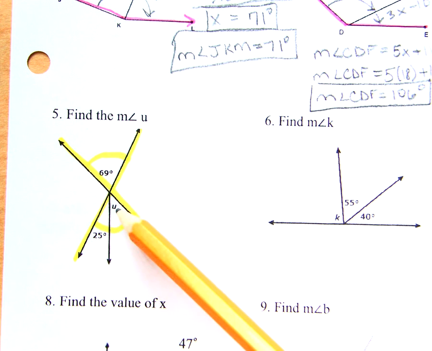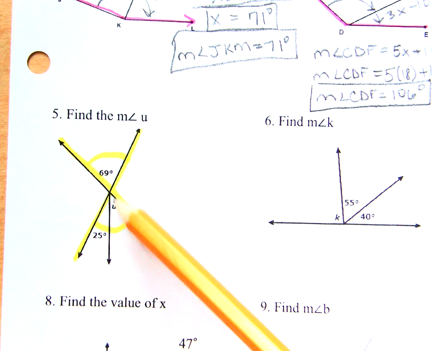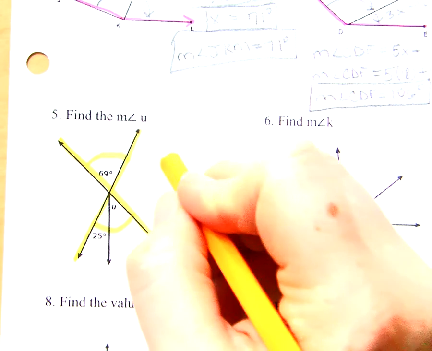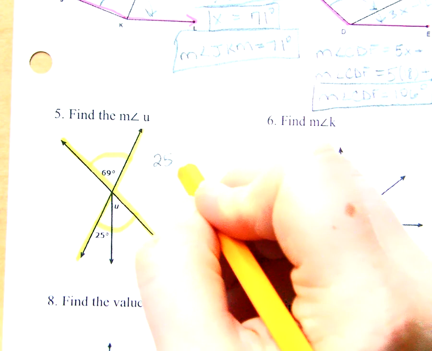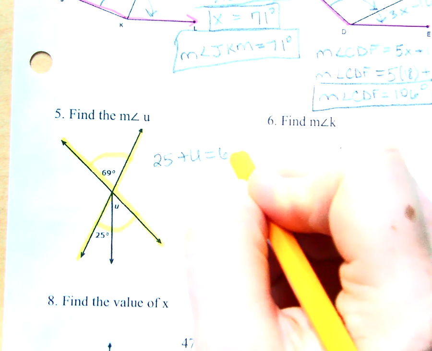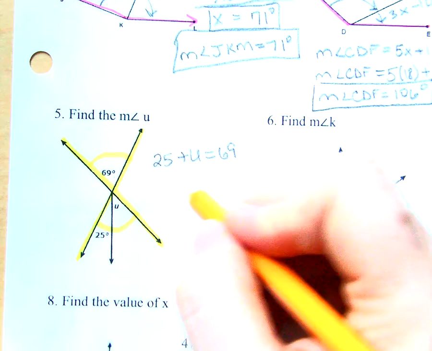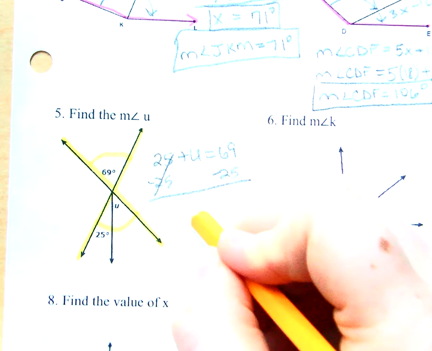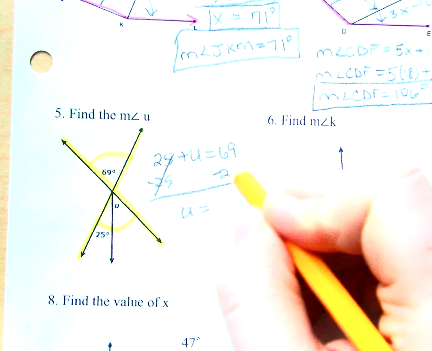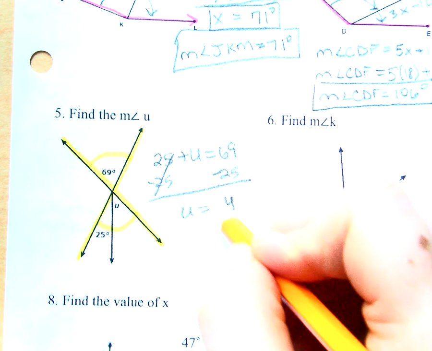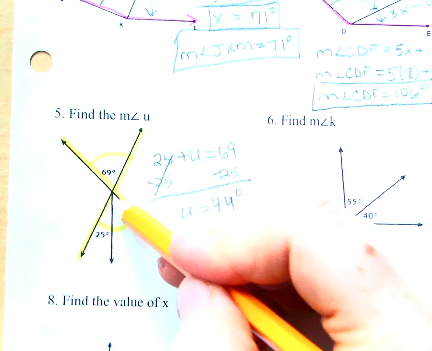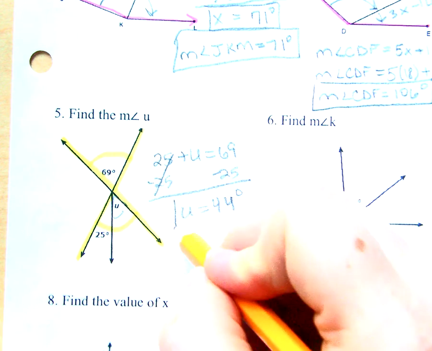You might just guess until you got 69: 25 plus what would give you 69? Or we can set up an equation. 25 plus some angle should equal 69 because they're vertical angles. Then subtract 25 from each side, and I end up with U equal to 44 degrees. Again, U is its own angle, so I can give it a degree symbol.